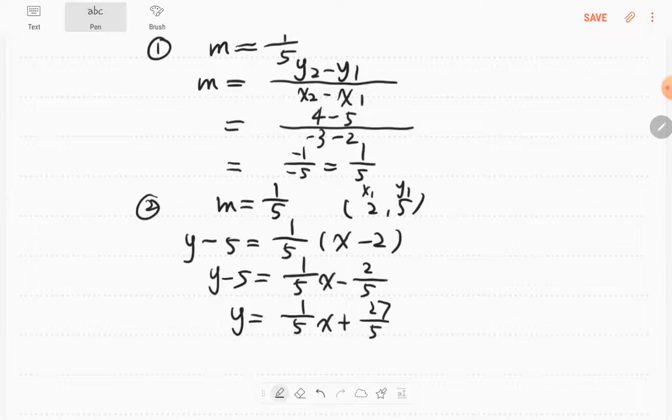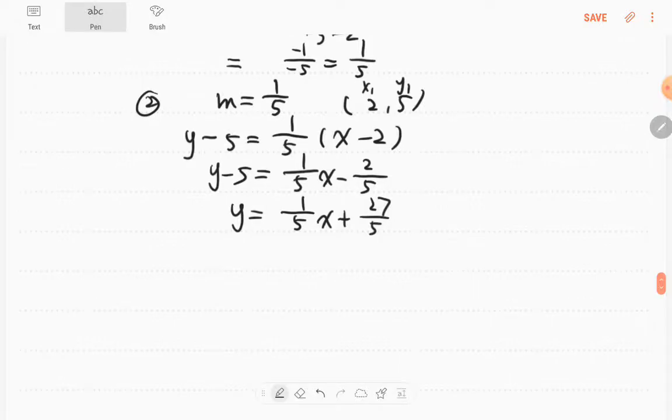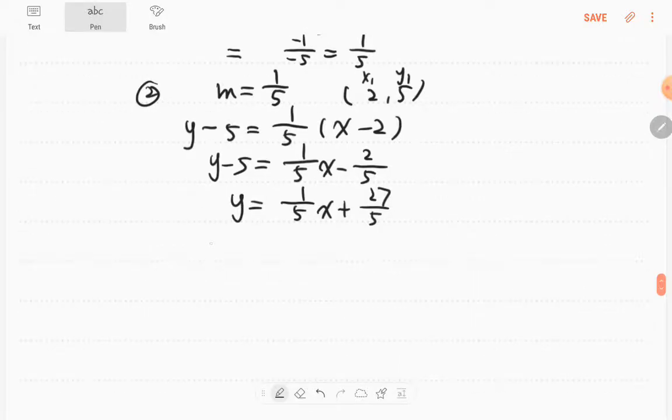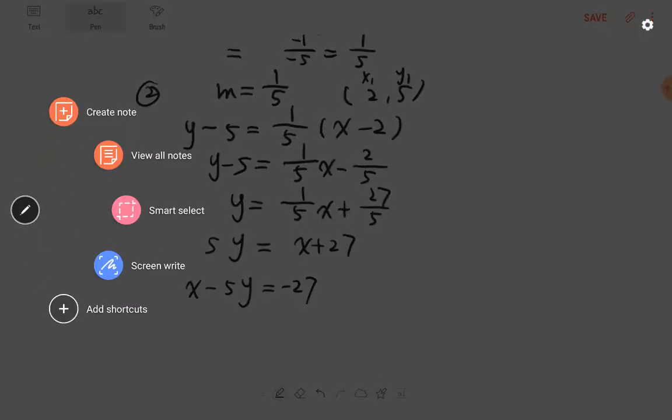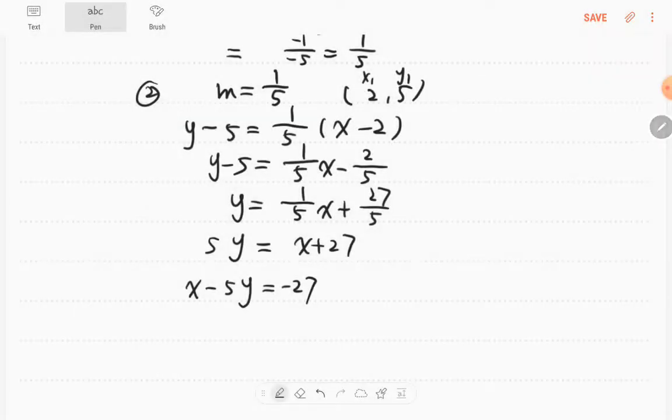This is called slope-intercept form. But sometimes the question asks you to list the standard form. So we could times 5 to both sides. So it will be like x plus 5y equals 25.